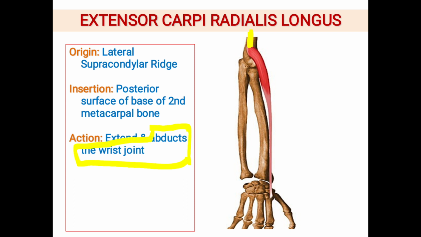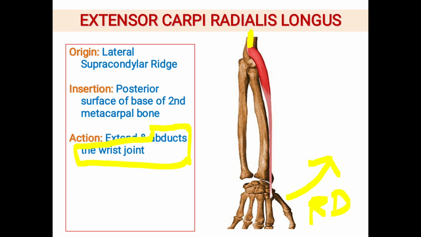So when you say abduct the wrist joint, it can move the wrist that way. So that is abduction of the wrist, which I mentioned a while ago when we discussed the anterior forearm, or you call that radial deviation.